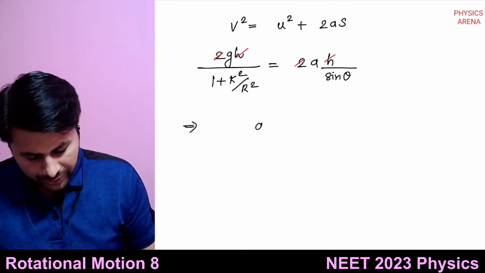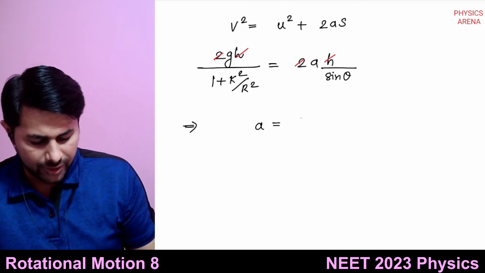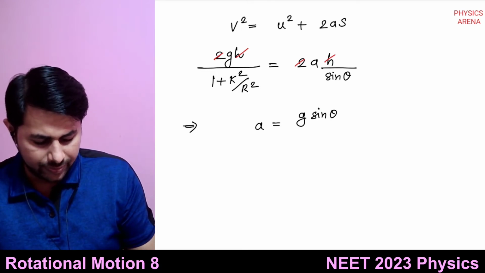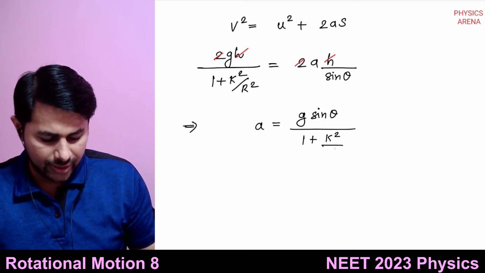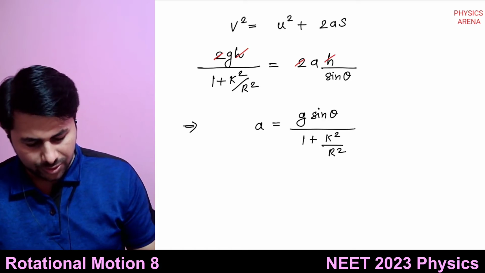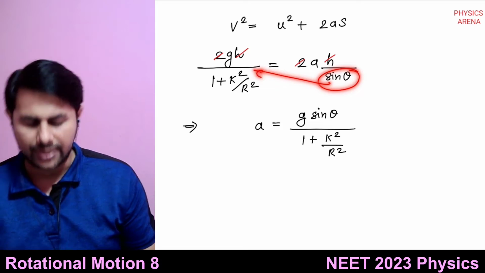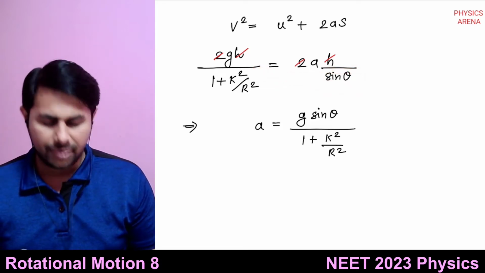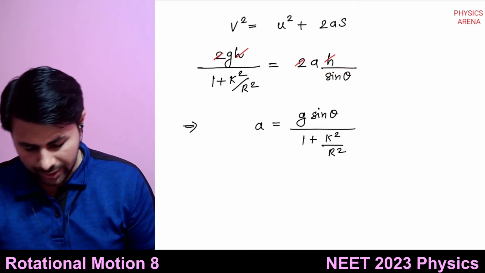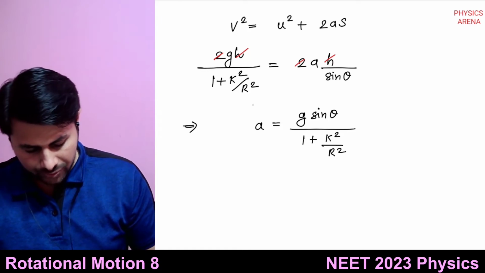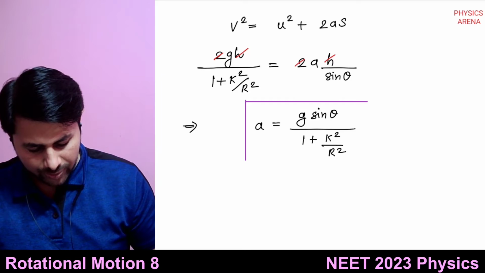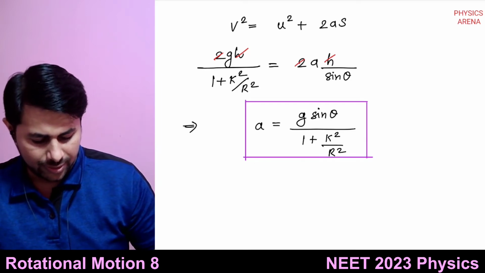We get acceleration equals g sine theta divided by 1 plus k square upon r square. So we get this formula for acceleration.